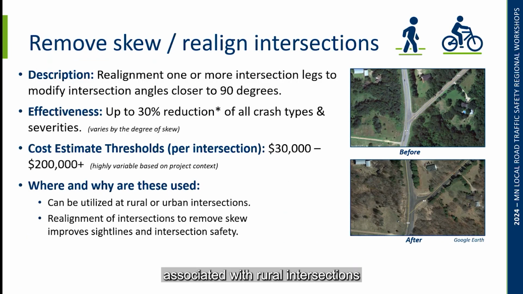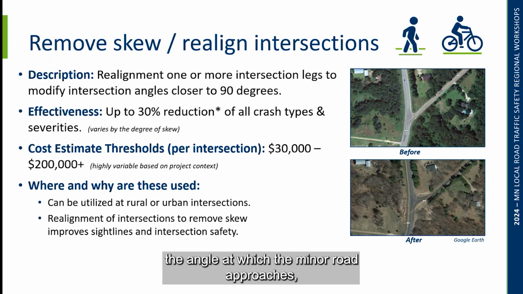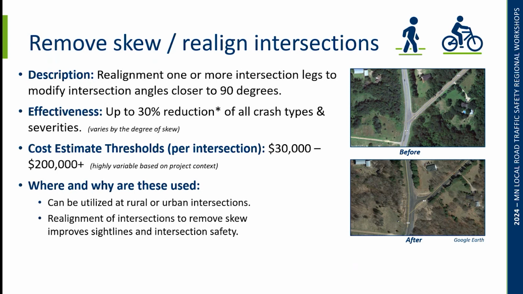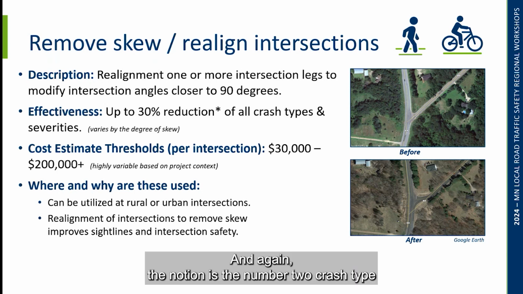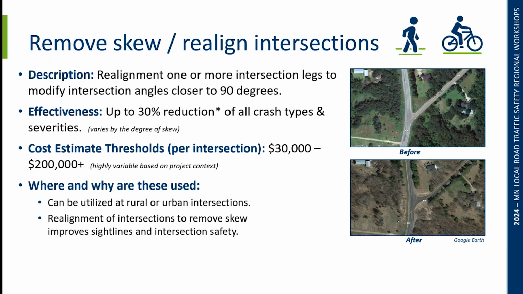Another strategy that's associated with rural intersections involves changing the skew angle, the angle at which the minor road approaches a major roadway. The number 2 crash type across the entire county system is angle crashes at intersections.